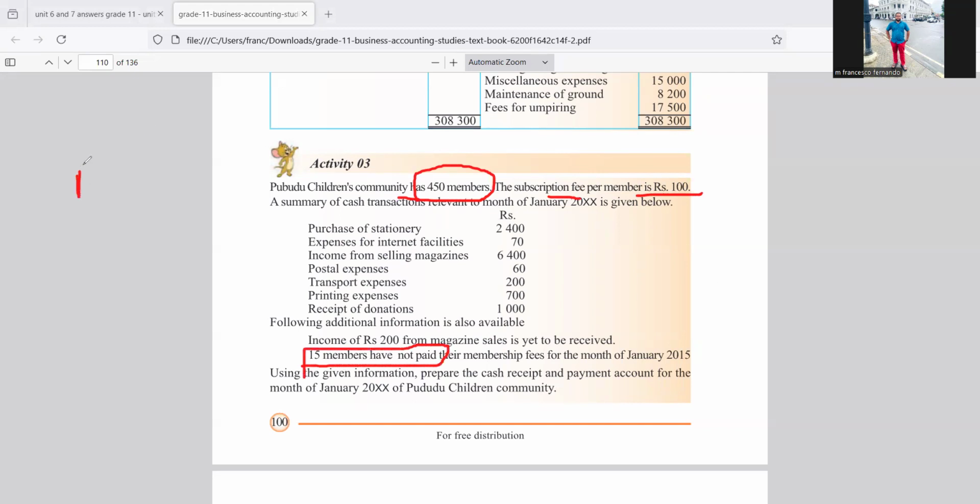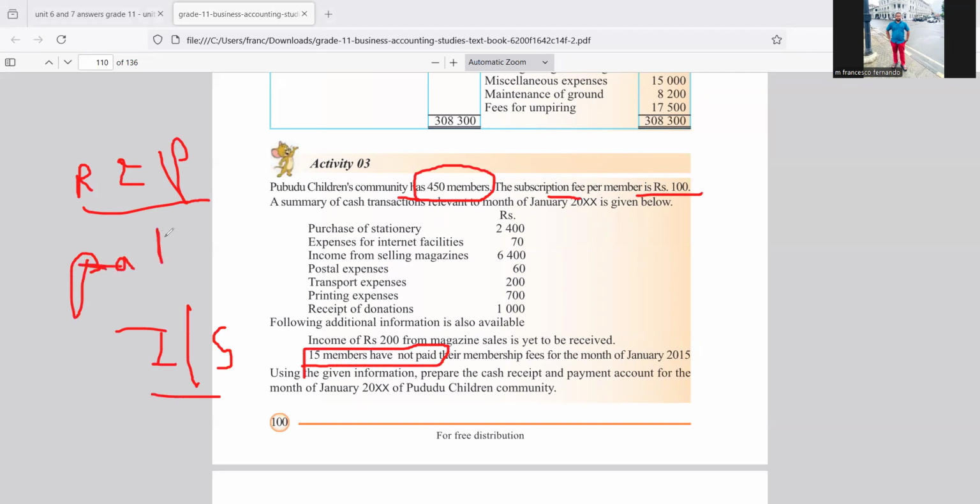Now you know that in a not-for-profit organization, we have receipt and payment account and income statement. If you take the receipt and payment account, only the amount received in cash or amount paid we should record. But in the income statement, the whole amount relevant for the year, whether received or not, should be recorded. So that is to be remembered.